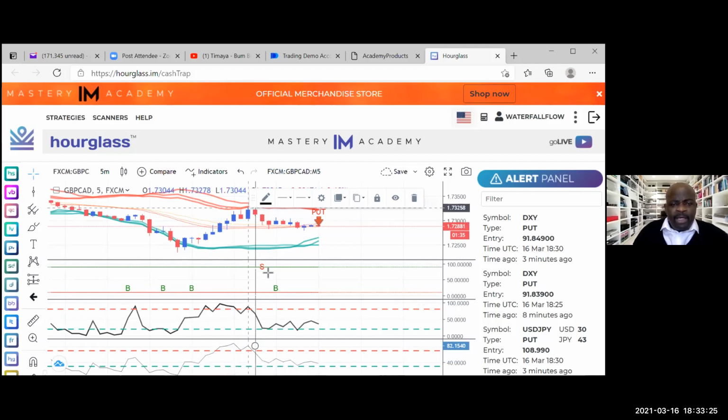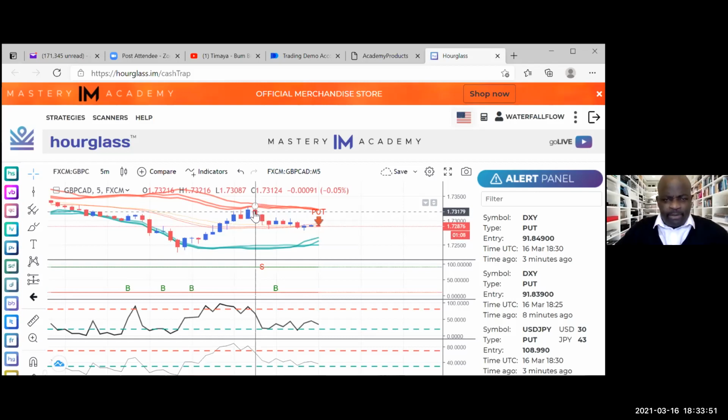So this particular trade, 1 point, 2 points, 3 points for arrow, and then 4 points for being very, very close to the top of the Bollinger Band line. So that's 4 points. So if you jump into that trade, you've made your money.